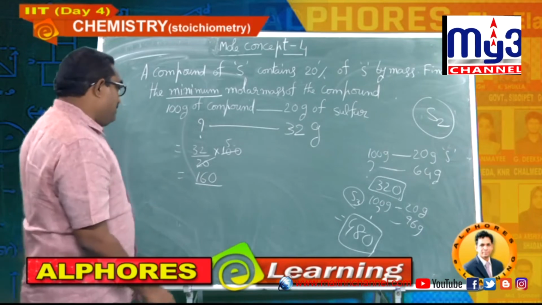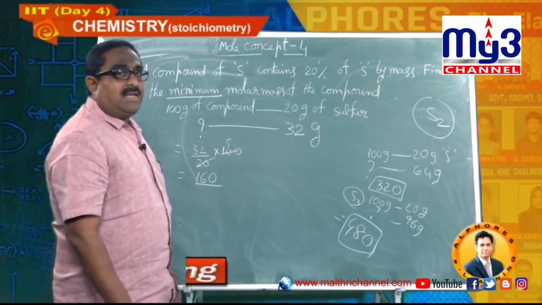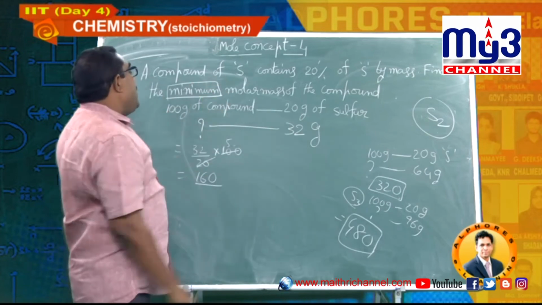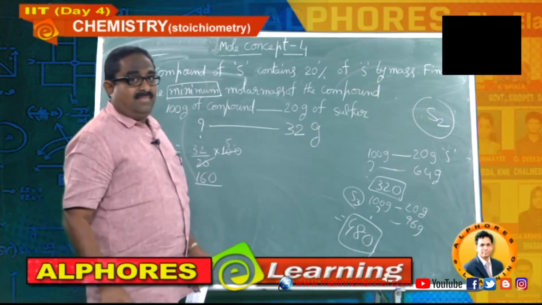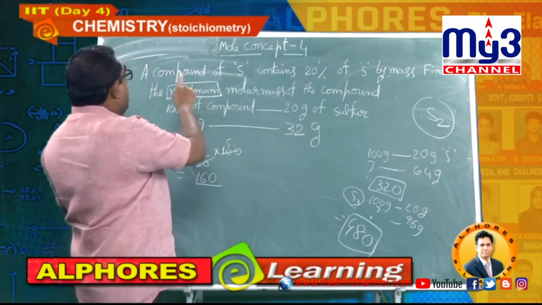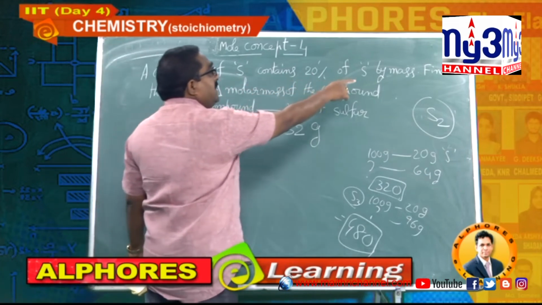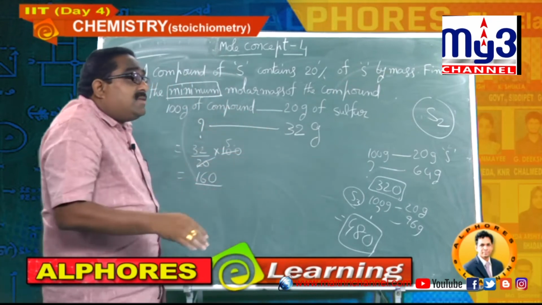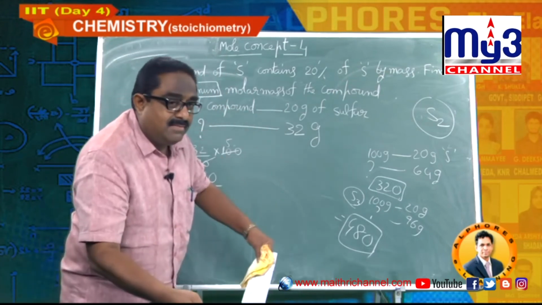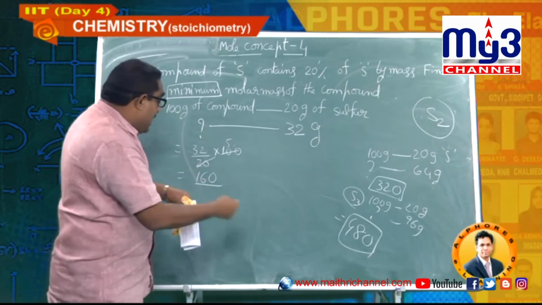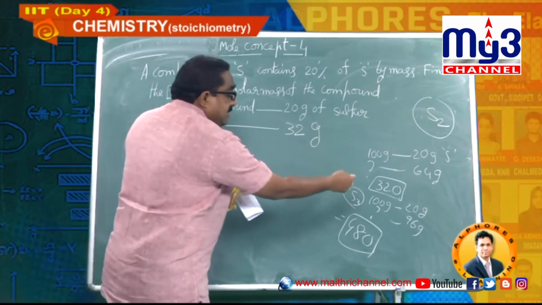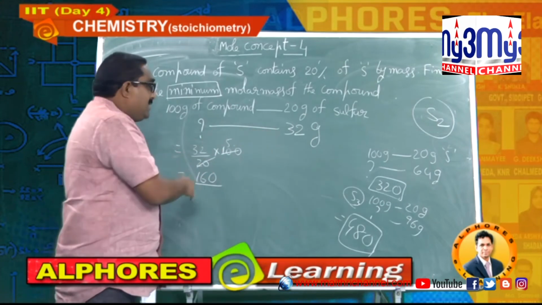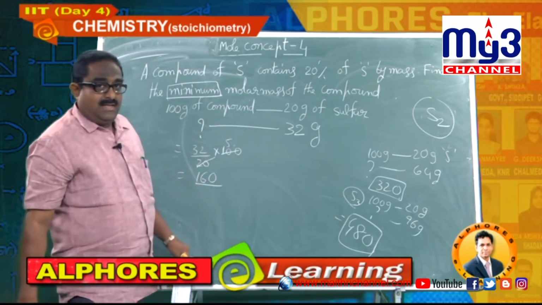Suppose in the advanced paper, there are more than one answer type of questions. If he is not going to mention the minimum, if the question is asked like this, a compound of sulfur contains 20% of sulfur by mass, the molar mass of the compound may be, and options are given, A 160, B 320, C 480, then all the 3 options will be correct, 160, 320 and 480.